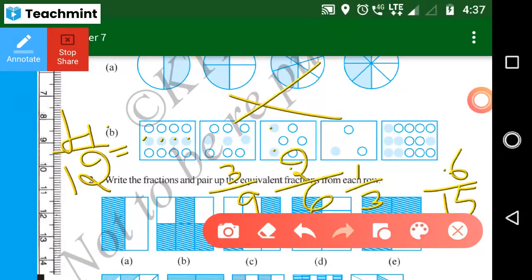Ma'am, should we draw also? So you just write directly in the textbook using pencil. Now there is no time to draw. That's why. Fast. Okay, ma'am. 1 minute, ma'am. Ma'am, completed. Good.